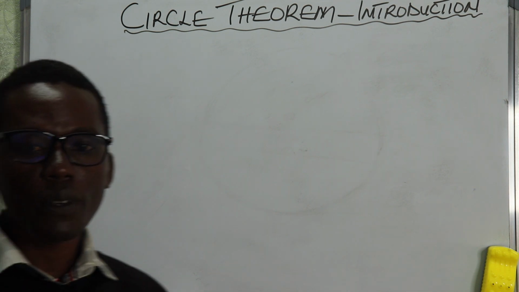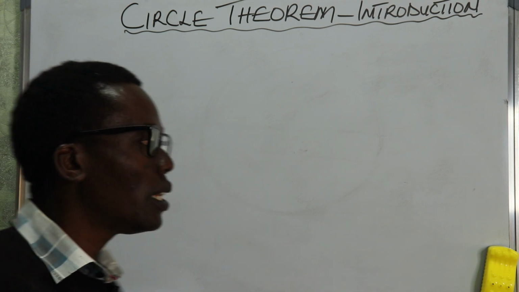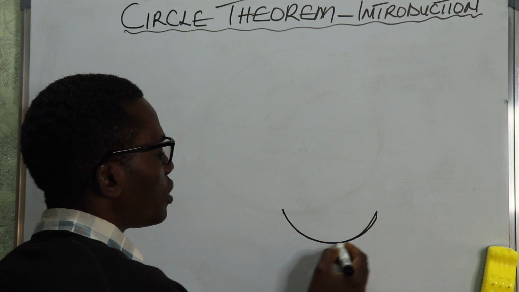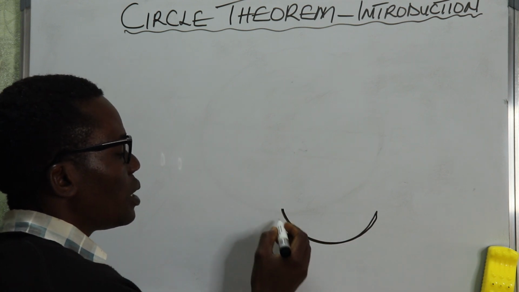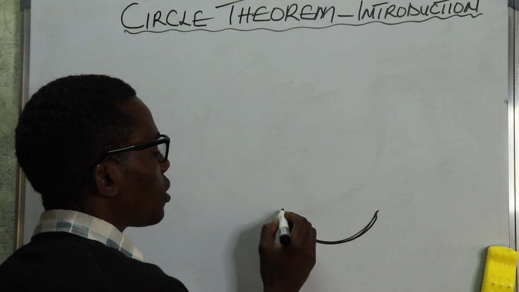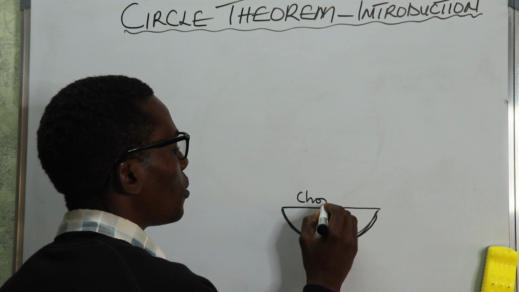Now, the chord of a circle as well as the arc of a circle. Now, the arc of a circle is what? It is any part of the circumference. Now, the difference between the arc, this is the arc, and this is the chord of any circle.